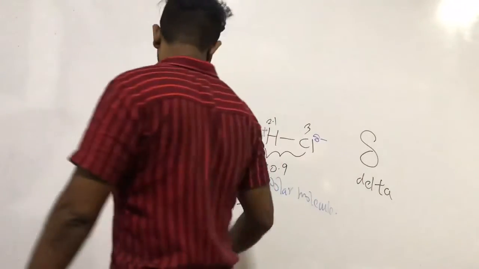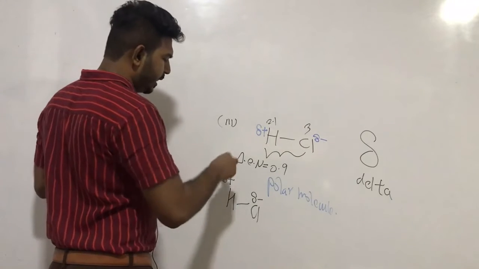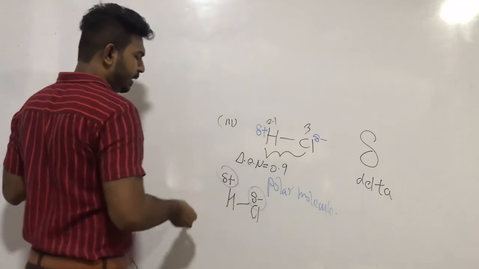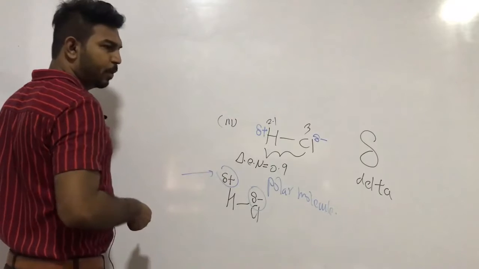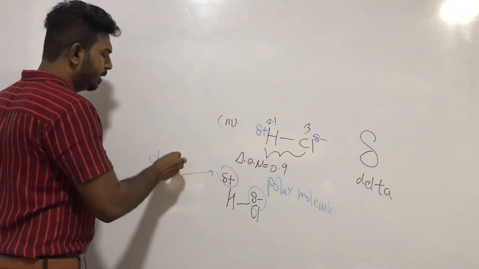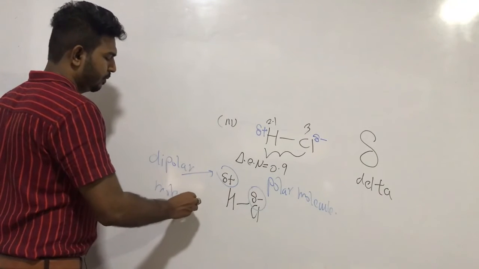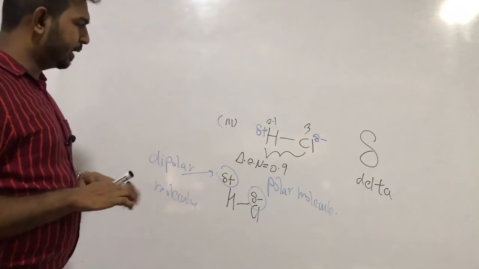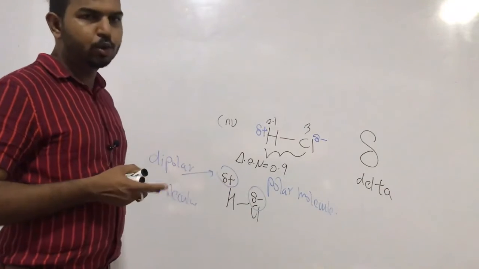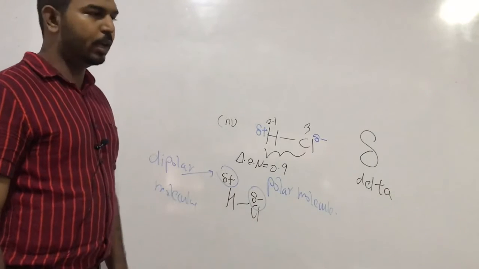So there are two charges, delta plus and delta minus. So we call these types of molecules dipolar molecules. Since these molecules contain two poles or two induced charges, we call these dipolar molecules.